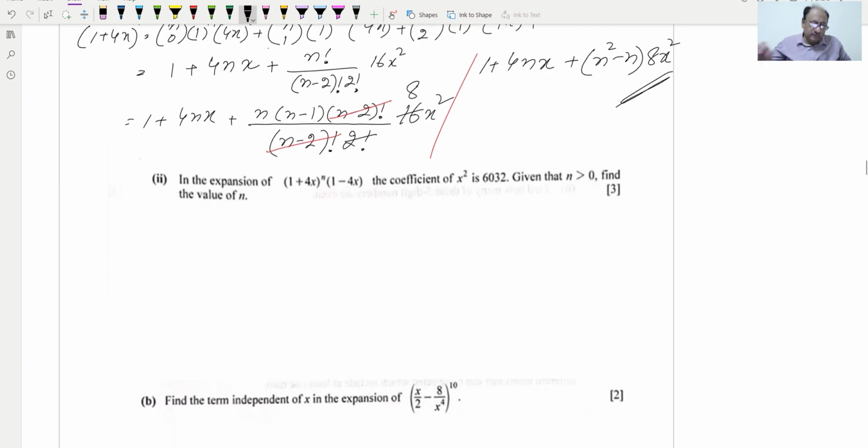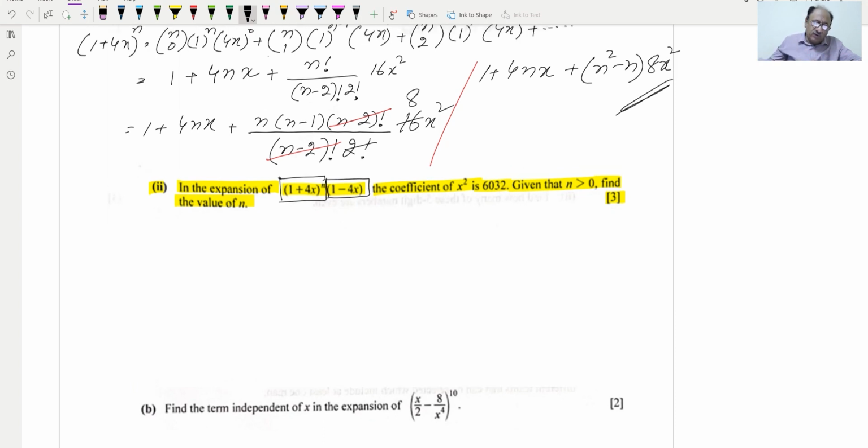Hopefully you understood this. Now the second part says in the expansion of this one, the coefficient of x square is 6032. Given that n is greater than 0, find the value of n, and this is a 3-mark question. So for the expansion of this, we can expand this portion, and then we will be multiplying it with the next one.